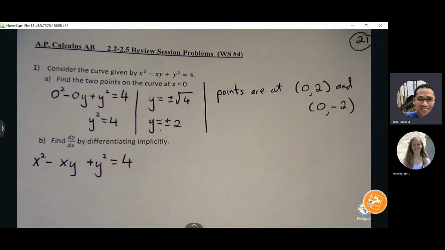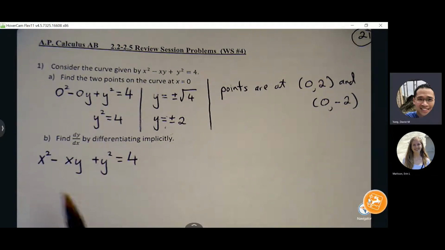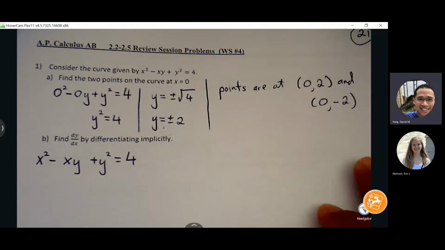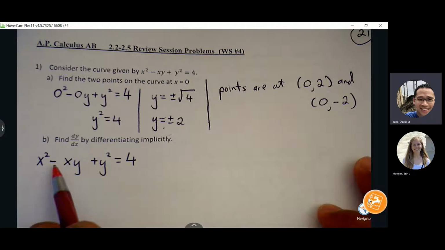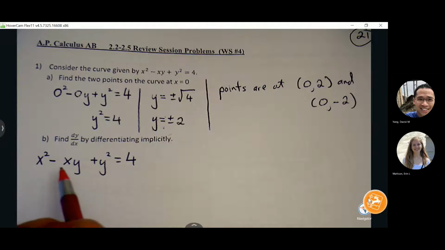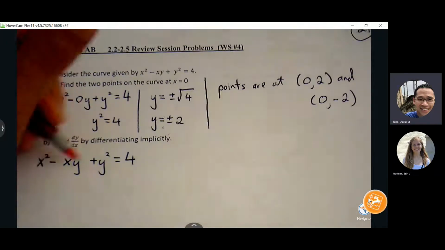So a couple of things to watch out for. You guys see the need for product rule here? Yes, so there's product rule here, and also we have to watch out for that negative as well. Once that product rule gets expanded, we have to distribute that negative through.